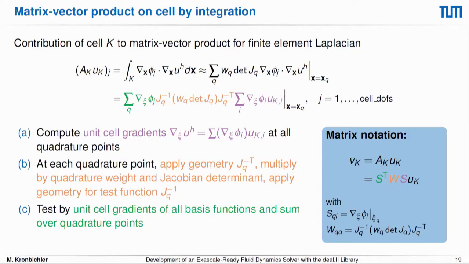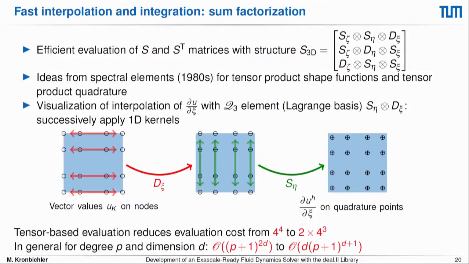And now the interesting question is, how can I get this to perform well? The restriction we made is that we use tensor product elements, because in tensor products you have a structure. And that's actually an idea which is very old, spectral elements have been doing this for 30 or almost 40 years. Essentially, you just assume that your interpolation matrix has a Kronecker product structure.